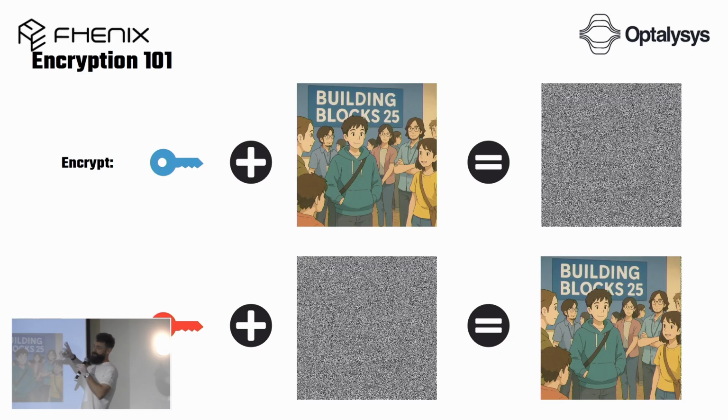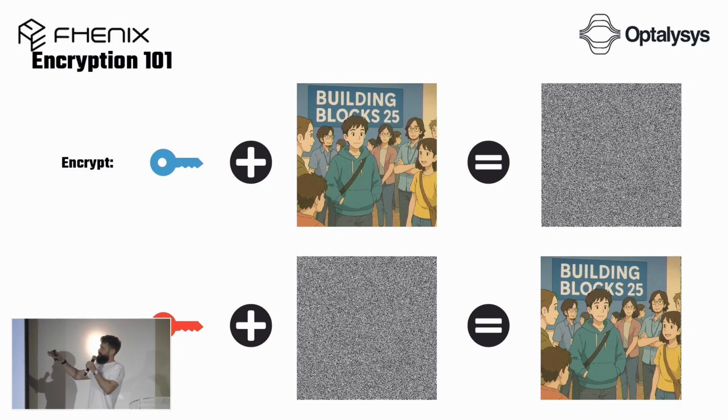Very quick recap on encryption, since we don't have a lot of time. I'm sure all of you are very smart and know all of this already. Encryption 101: we have basically two keys. We have an encryption key in blue and a decryption key in red. Sometimes they're the same key, sometimes they're different ones, but it doesn't matter for this context. We have something sensitive that we want to keep private, let's say this image.